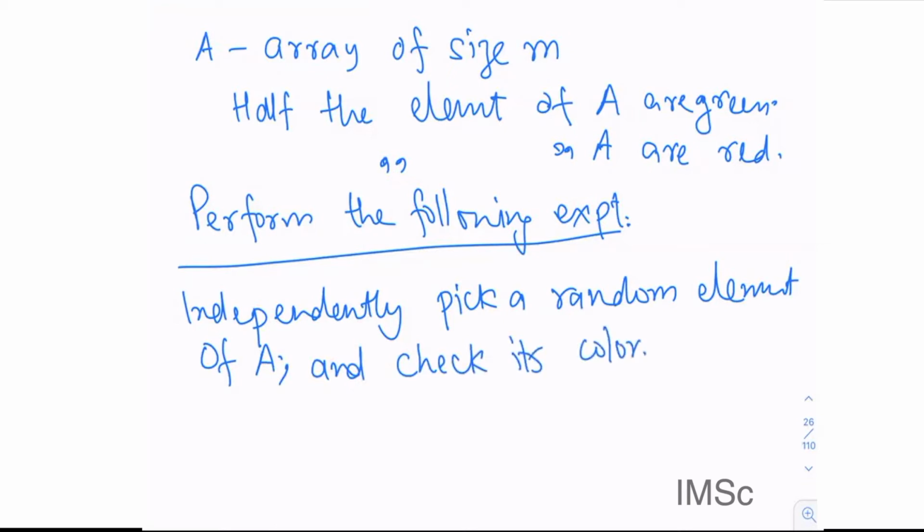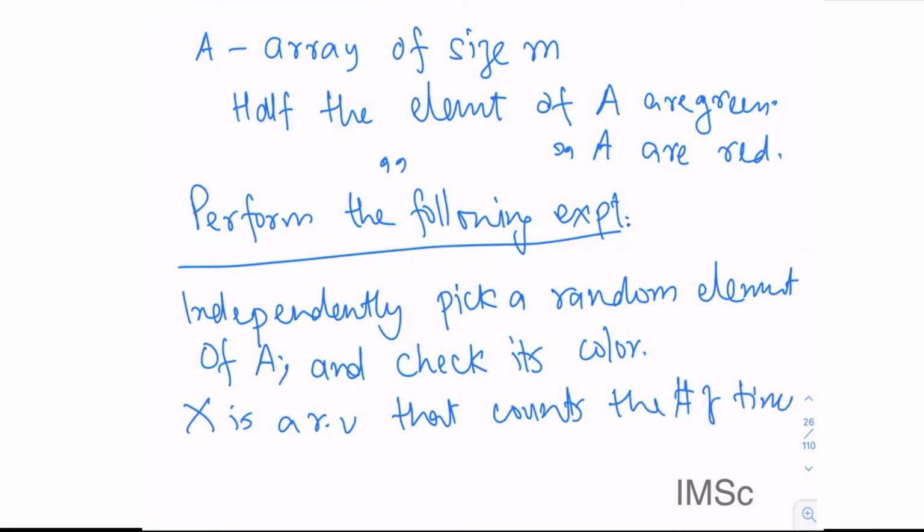And now X is a random variable that counts the number of times we picked a green element.